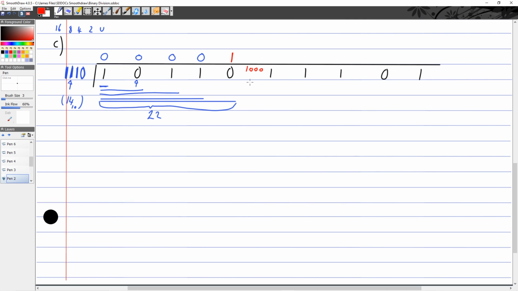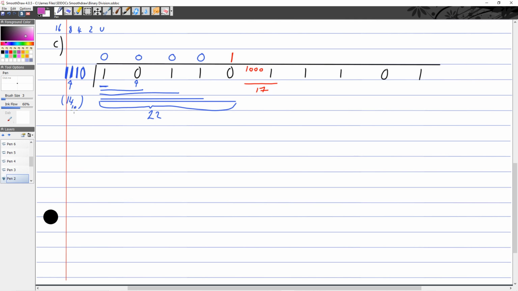So the number that we're trying to fit it into now is 1, 0, 0, 0, 1. And because we had a remainder of 8, this digit shifted it over once, so it becomes 16 plus the 1. So this is worth 17.